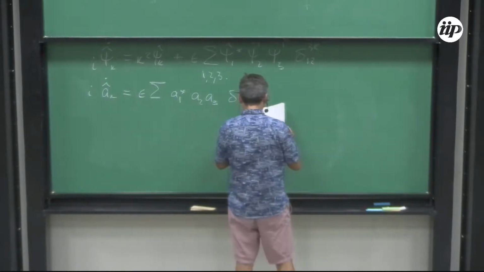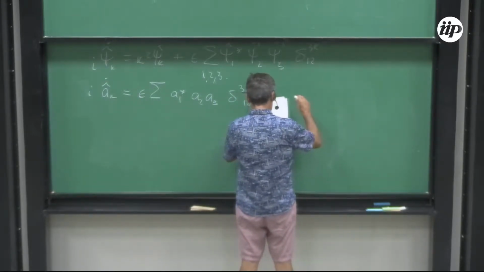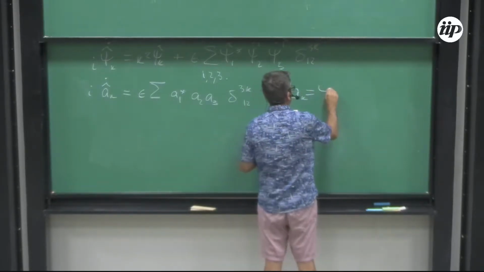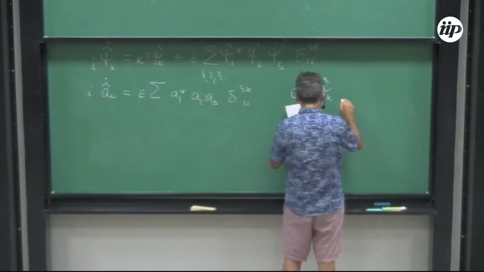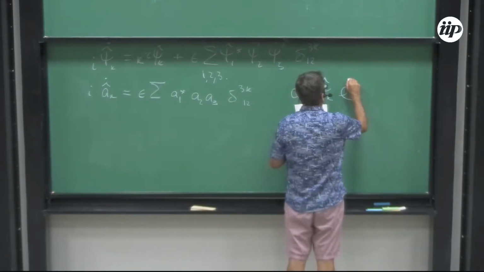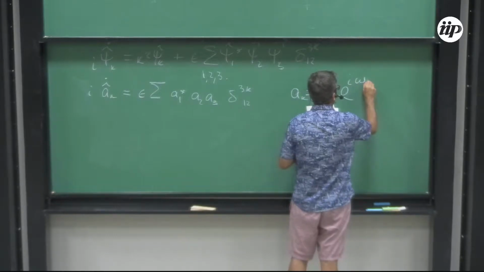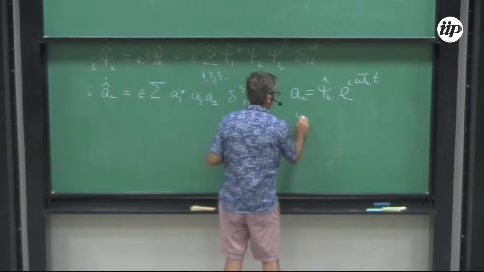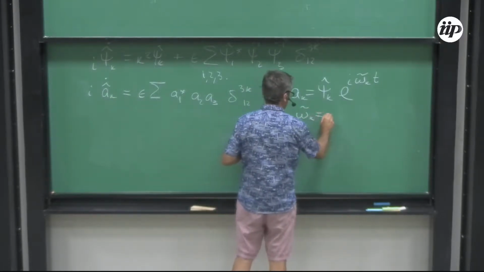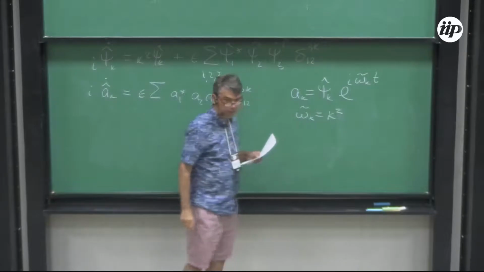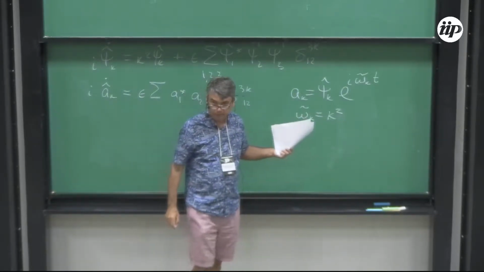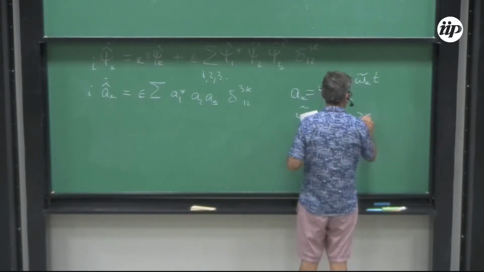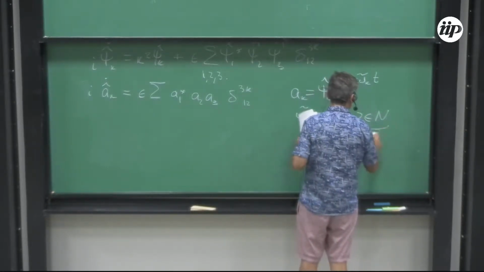Here, I introduced a new variable that is related to my original variable by the following transformation, where omega k is the linear dispersion relation of a linear wave plus the frequency shift.